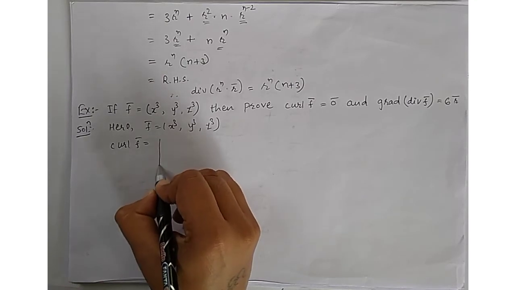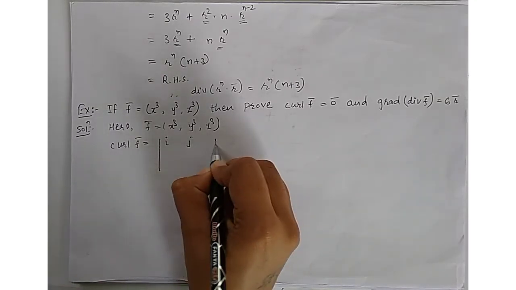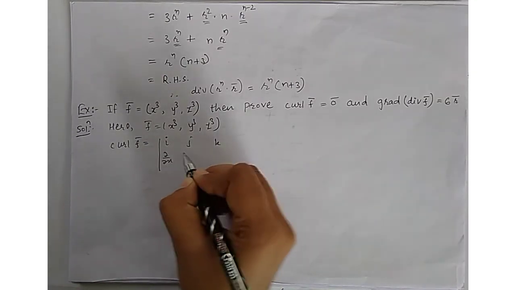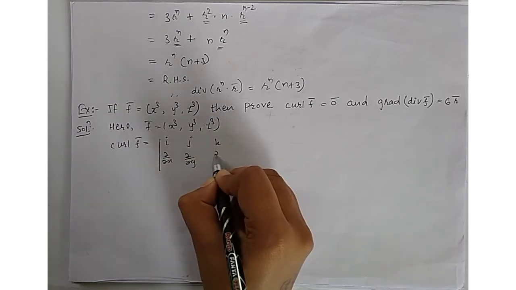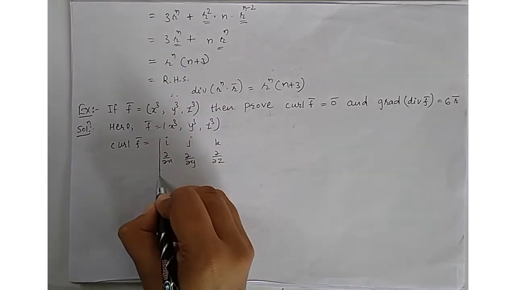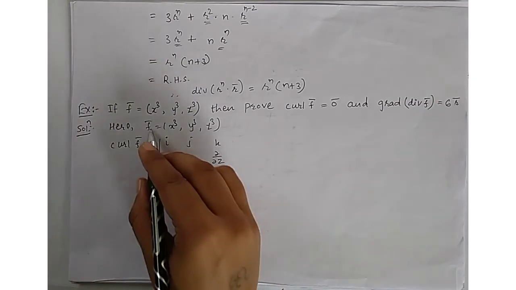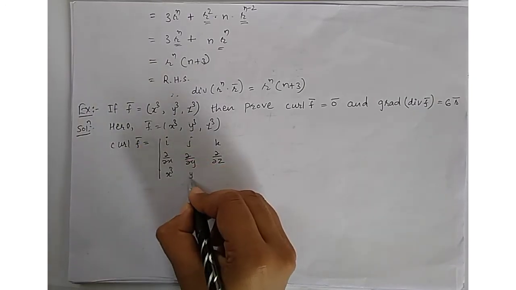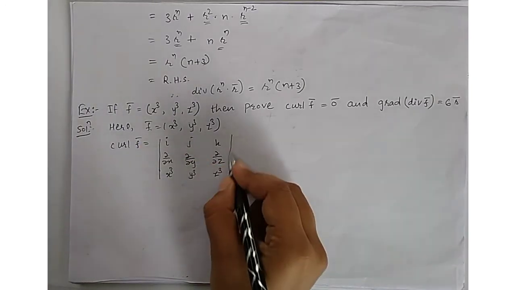So the definition is i, j, k, del by del x, del by del y, and del by del z. Put the components of the f bar function, that is x cube, y cube, and z cube.